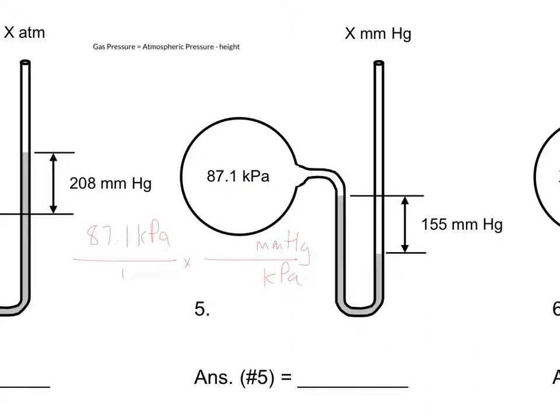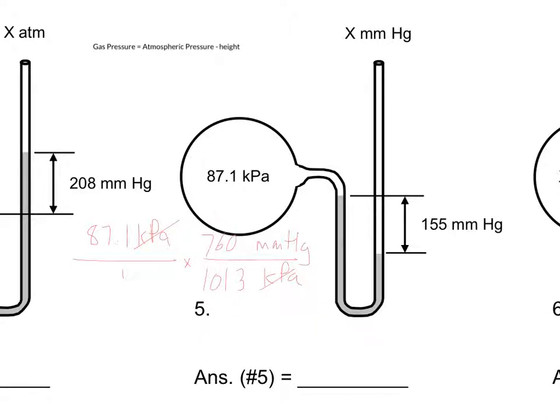So what I've done here now is placed a conversion factor for converting kilopascals into millimeters of mercury. I'm now going to use those conversion values that I gave you, and I'm going to plug in the 760 for the millimeters of mercury and the 101.3 for the kPa. The reason the kPa is in the denominator is so that it cancels and leaves us just millimeters of mercury.